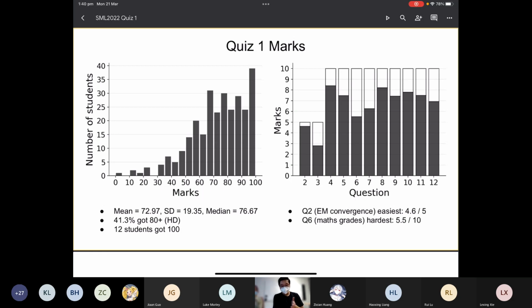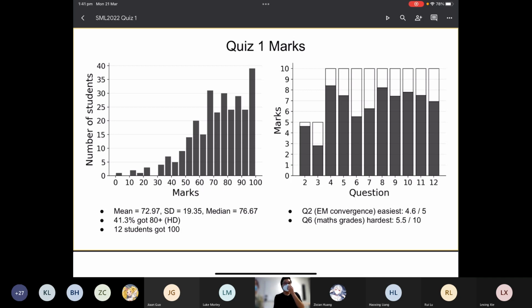You can see the number of students who got 95 to 100, the last bar, is the highest. Well done. I think that's because we released the quiz for a week and we didn't have any timer for it, so this is quite expected.